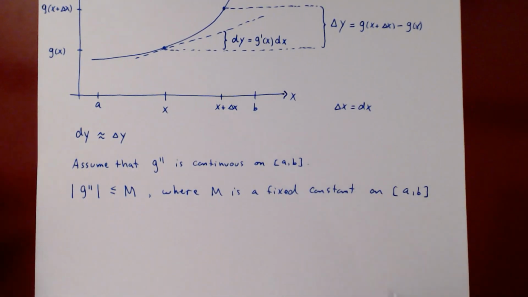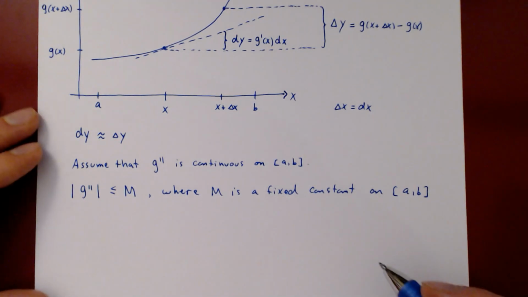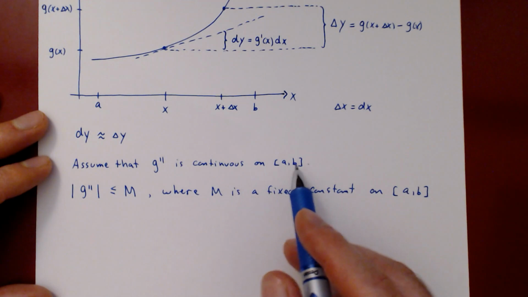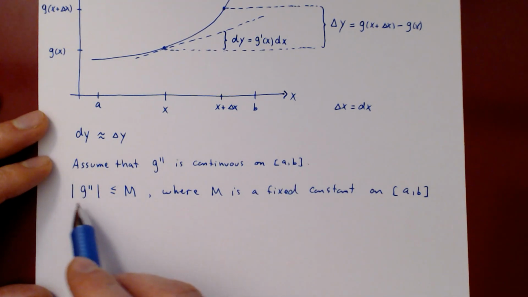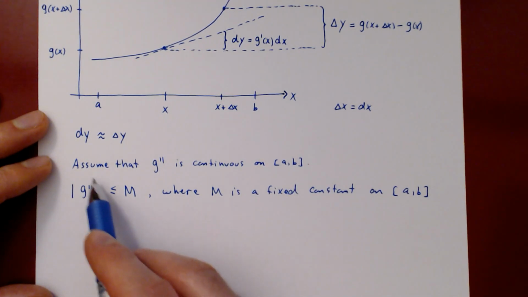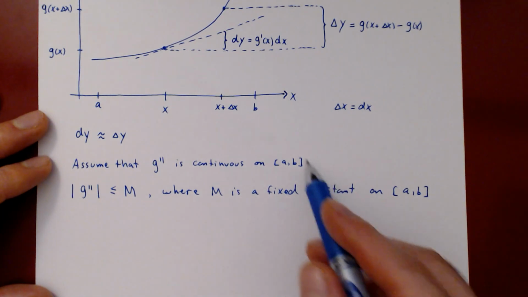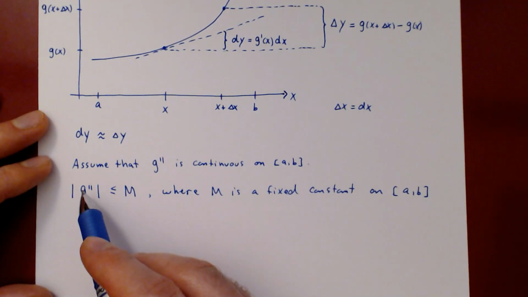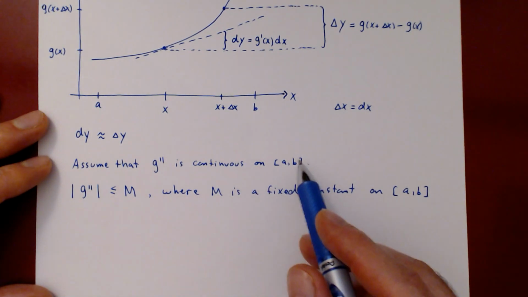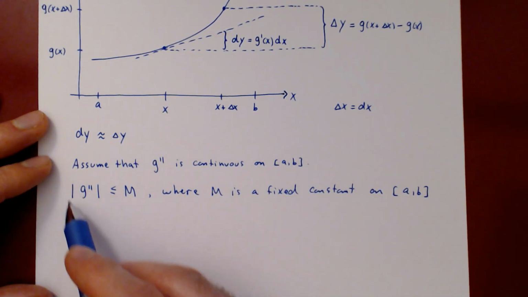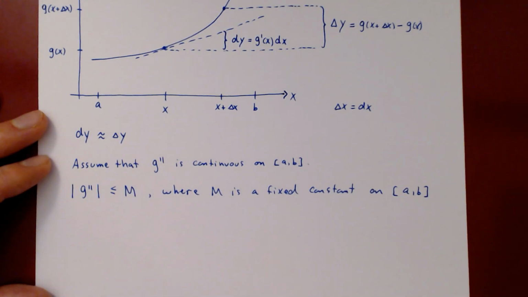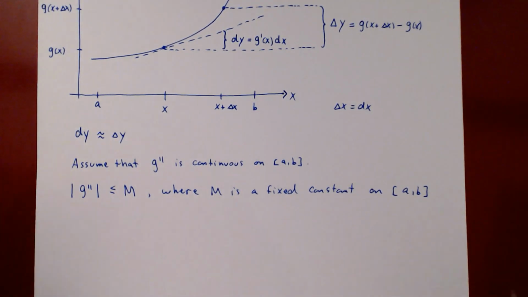So again, this is a consequence of the extreme value theorem. Because g double prime is assumed to be continuous on a, b, so is its absolute value. Therefore, it must attain inside the interval a maximum value, call this value m. So the second derivative at any point inside of a, b in absolute value is at most this fixed number m. That is the one assumption we make.